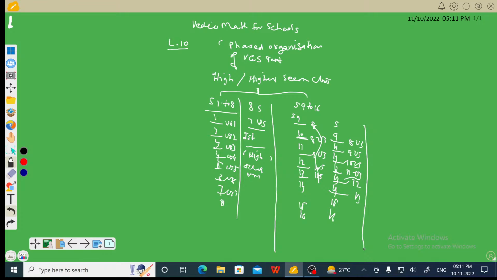This is going to be the second phase, means higher secondary Vedic mathematics.